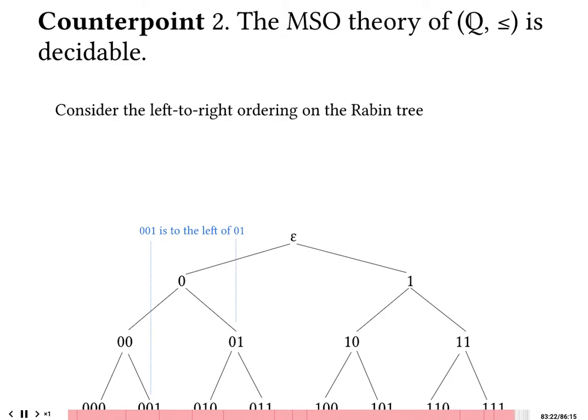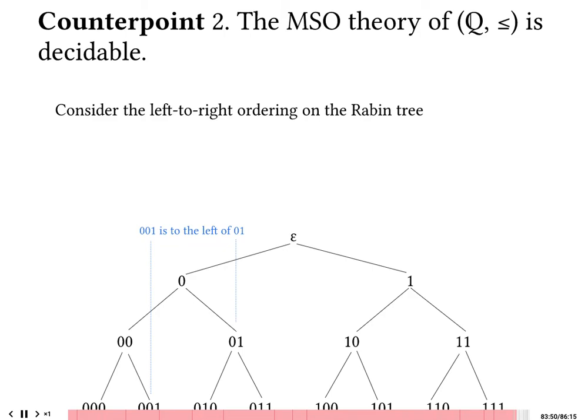Well, you can just order the nodes of the Rabin tree by left to right on the picture. That means that if you have a node of Rabin's tree, then all of the elements of its left subtree are before it, and all of the elements of its right subtree are after it. If you consider the order defined this way, then you will easily see that it's a dense ordering, it's countable, and it doesn't have any endpoints.